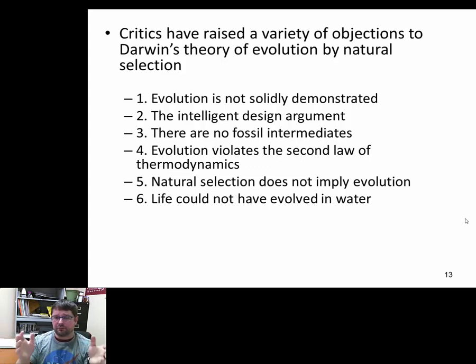And the problem with that violation claim is that the piece that a lot of individuals who are criticizing evolution are forgetting is that the second law of thermodynamics only works if energy is eliminated from the system. So if you eliminate energy from the system, then entropy does increase.